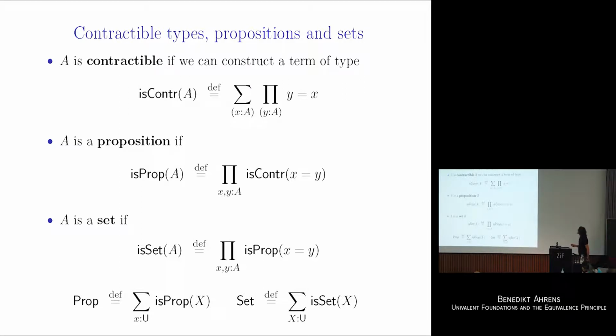So one can say that A is contractible if it has exactly one element up to propositional identity.